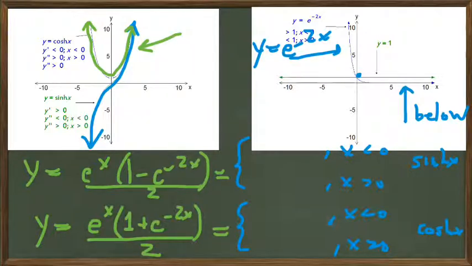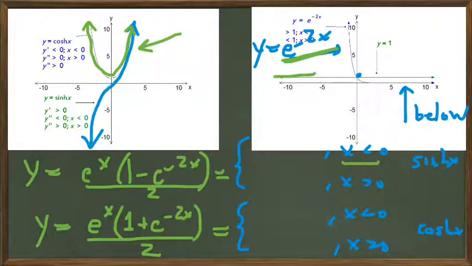And so when x is less than 0, we're looking at the sinh x graph for this section, and we're subtracting e to the minus 2x from y equals 1.